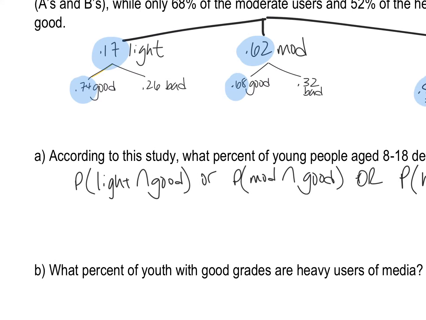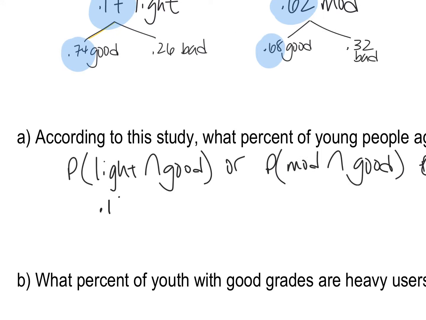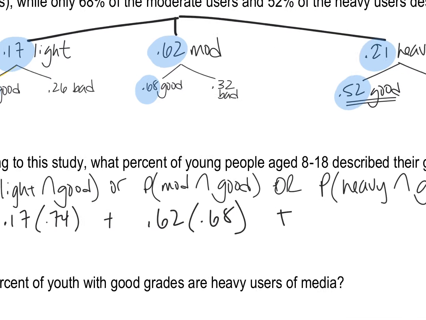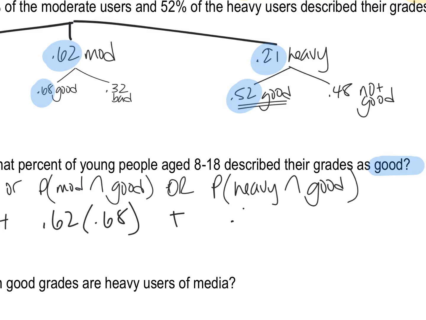So again, we just multiply for light and good. You multiply working your way down the tree, 0.17 times 0.74. And then for moderate, 0.62 times 0.68, just multiplying my blue numbers together. And then for heavy, 0.21 times 0.52.